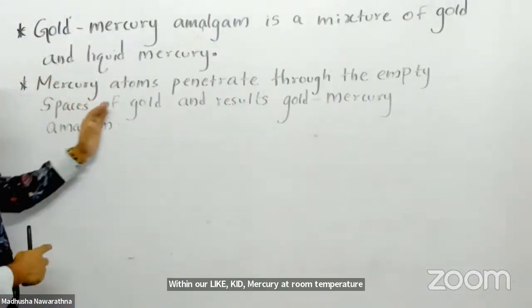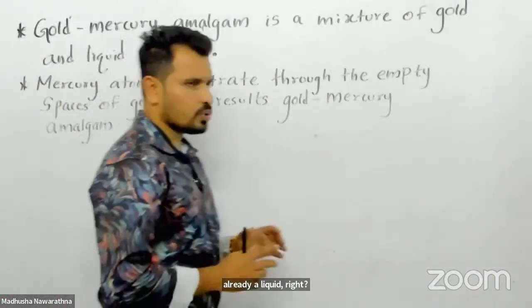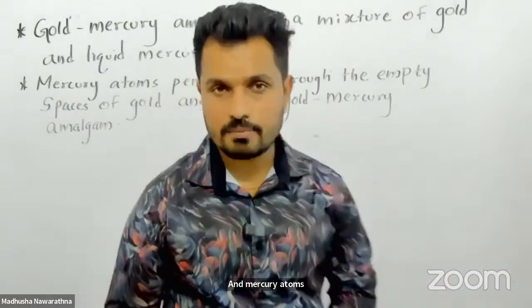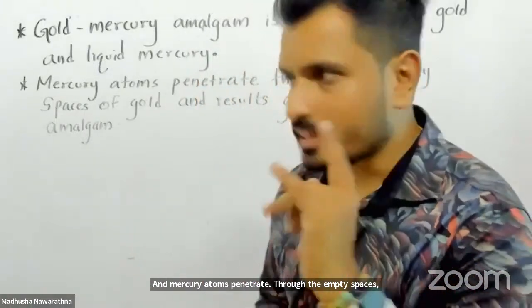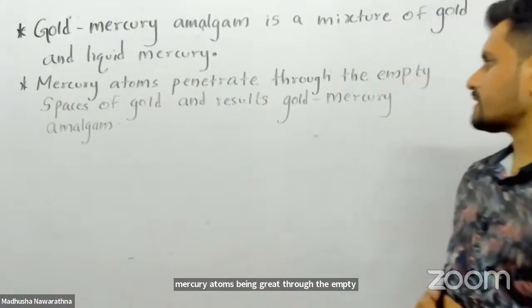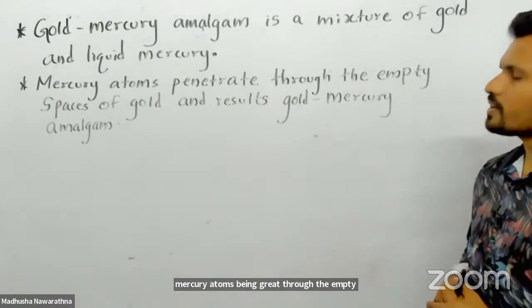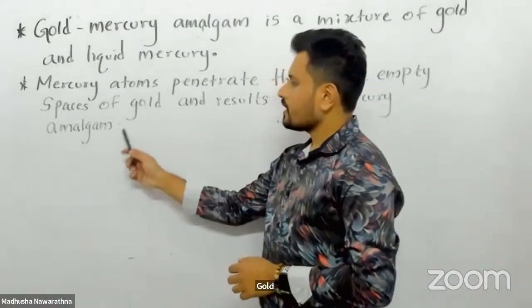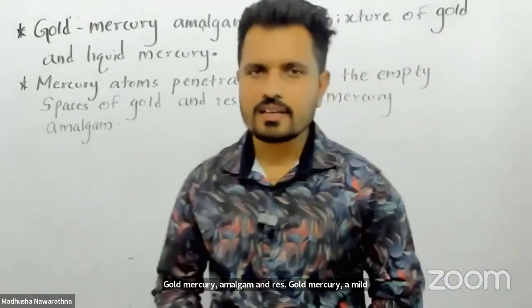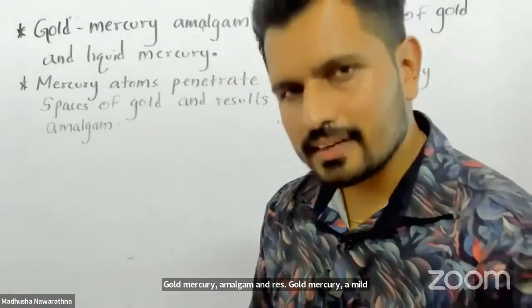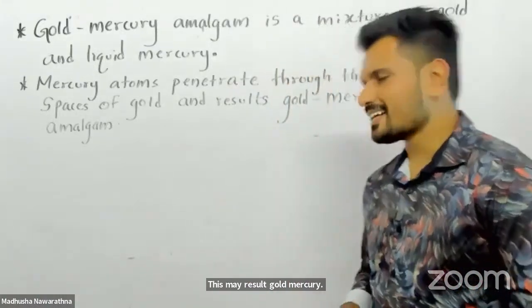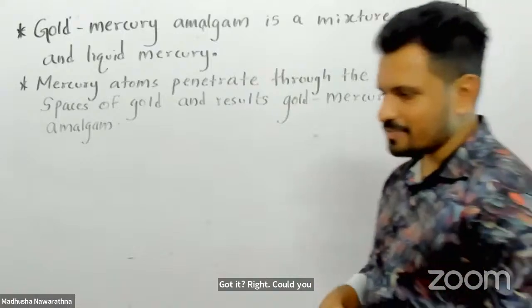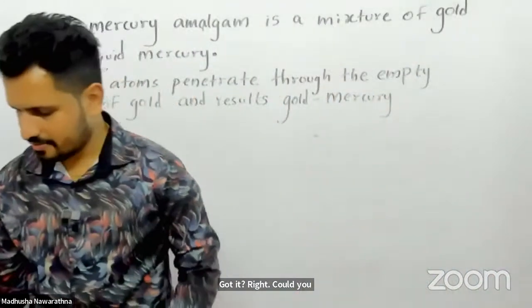And mercury atoms penetrate through the empty spaces of gold and result in gold mercury amalgam. Got it? Right. Could you please copy this? Hurry up.